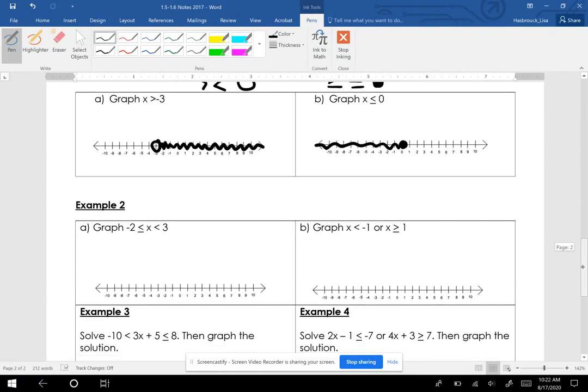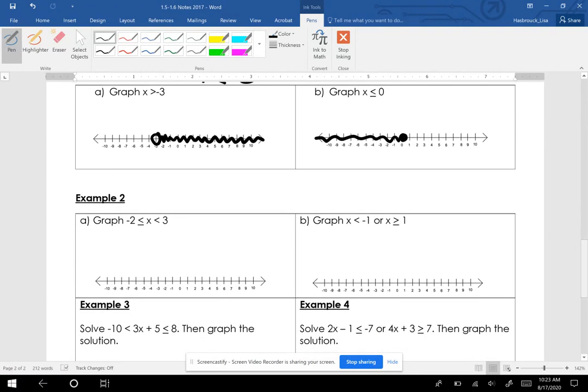Now there are compound inequalities that we will need to graph as well. In part A of example 2, this is known as an AND compound inequality. Part B is an OR. And we do graph them different ways. So for the AND, you're going to be shading towards the numbers in between them.